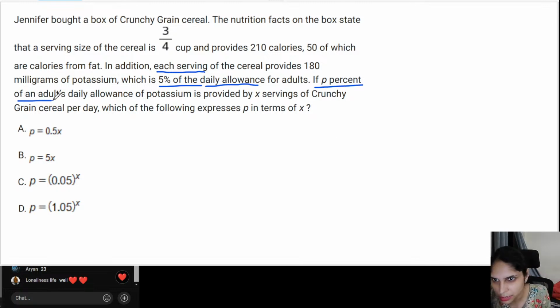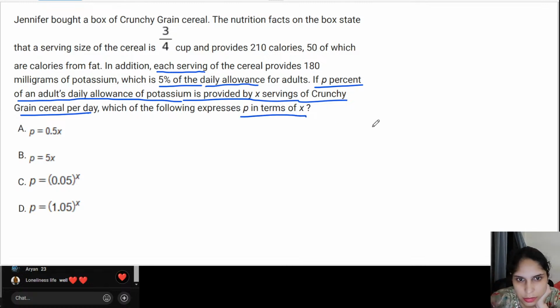P% of adults' daily allowance is provided by X servings of crunchy grain cereals per day. Which of the following expresses P in terms of X? And one serving is providing 5% of the daily allowance.